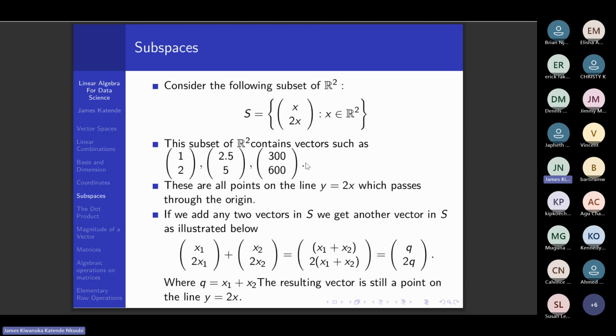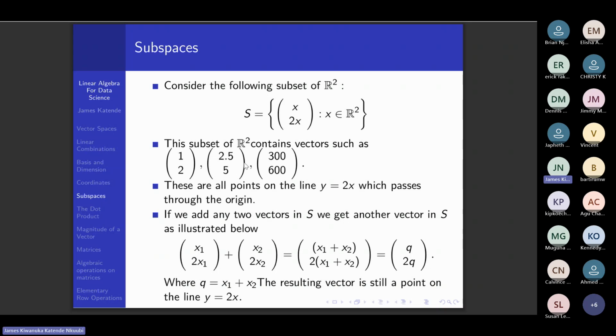That's all. Here are some examples of such vectors. We want to see if this is indeed a vector subspace. Graphically, these would just be points that lie on the line y equals 2x. The y coordinate is twice the x coordinate. And we know that this passes through the origin as well.